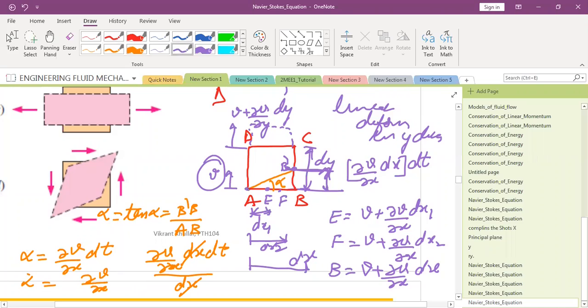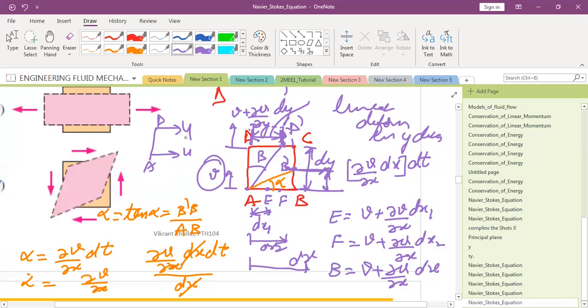Likewise, for beta angle, this angle, say this is d dash. What will dd dash be equal to? If A and D were moving with the same horizontal velocity u, will there be any angular deformation of the AD line?